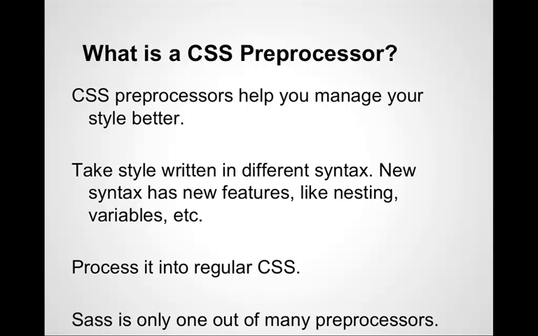You essentially use a syntax that lets you have greater flexibility in how you lay out your style sheets. There are newer features that CSS doesn't include, like you can nest your styles and create variables and things that are called mixins, and then later process it back into regular good old CSS for use.